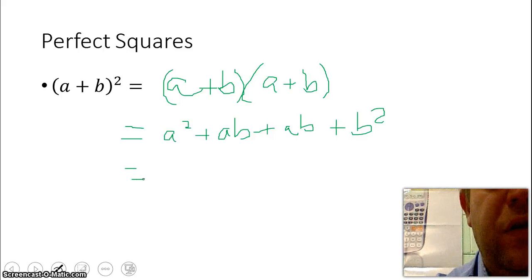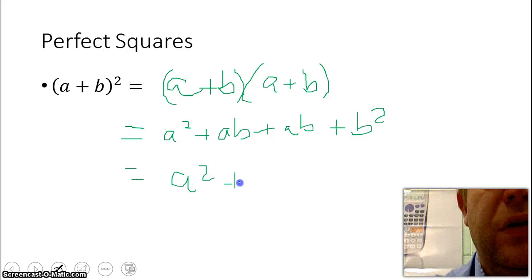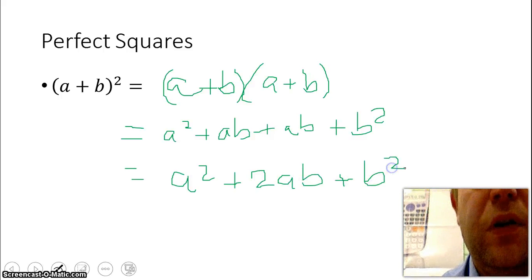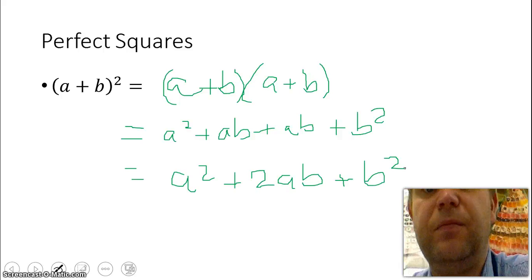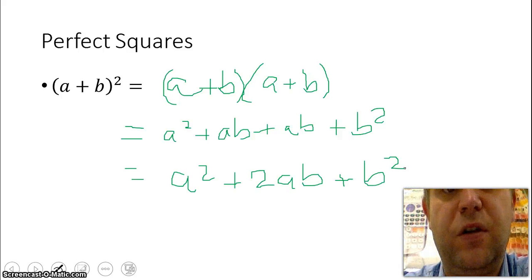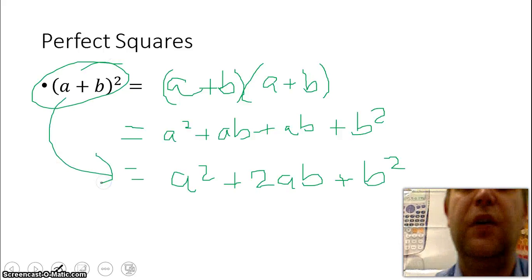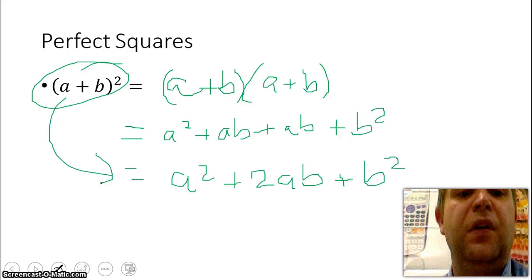We can simplify this down to A squared plus 2AB plus B squared. And we're going to go directly from our perfect square straight to this result by the end of this lesson, hopefully.